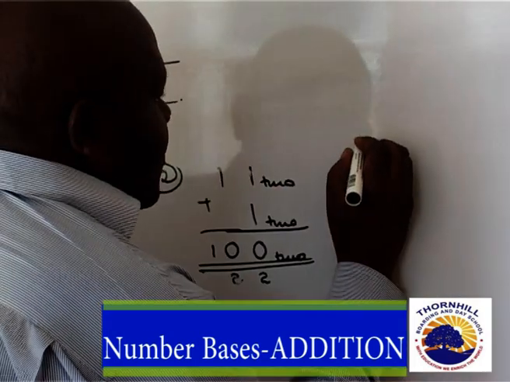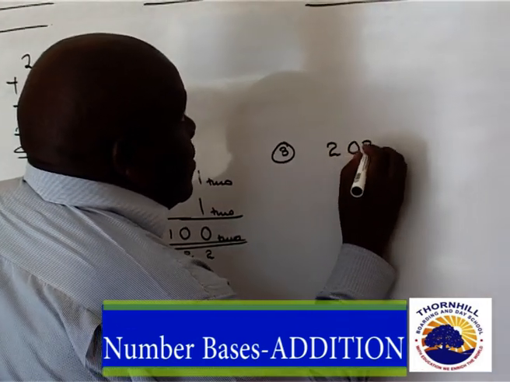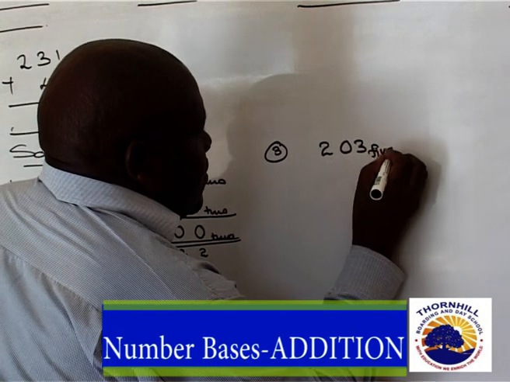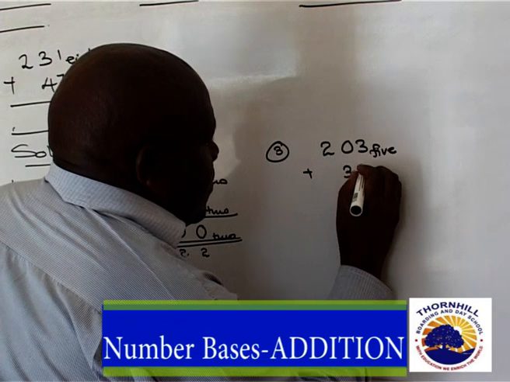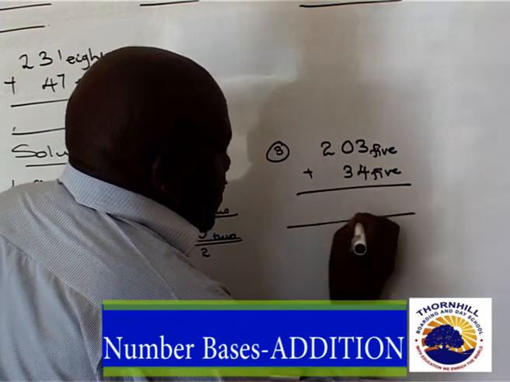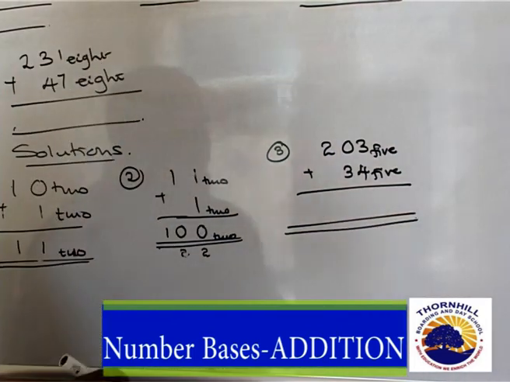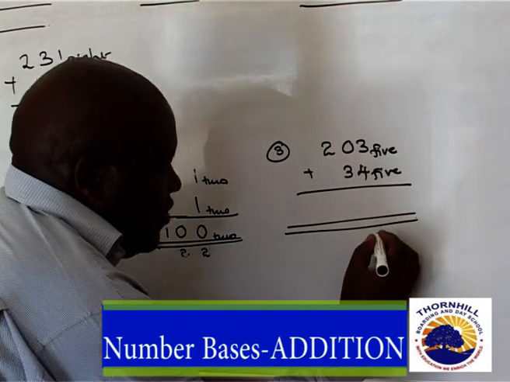We come to number 3. You copy it the way it is, base 5, then add 34, again base 5. We do the addition. 3 plus 4 gives you 7.